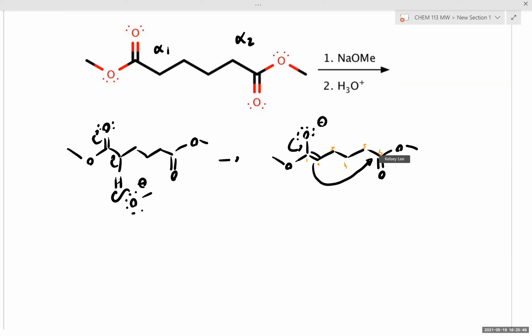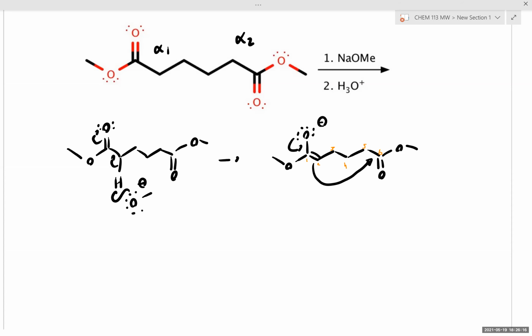Okay, so how many carbons are in our ring? What ring system are we making? So just counting our carbons in the ring, we're making a cyclopentane ring.